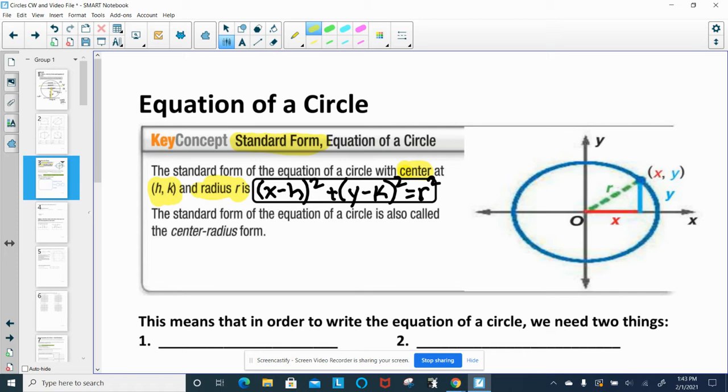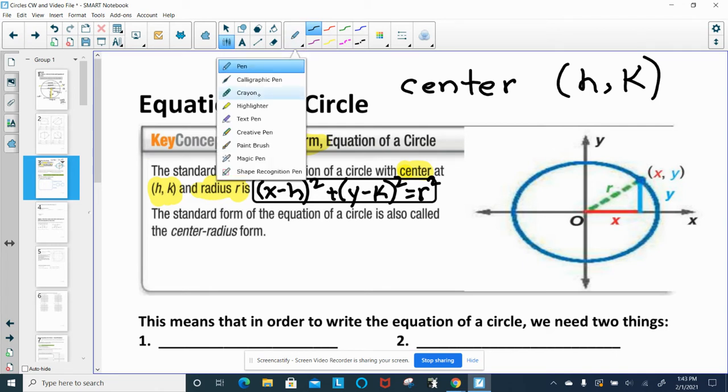So the center is an ordered pair. It has an x coordinate that they call h, and it has a y coordinate that they call k. When we look at the graph, we could read that center point off of the picture of a circle. The other thing that it includes is the radius r.